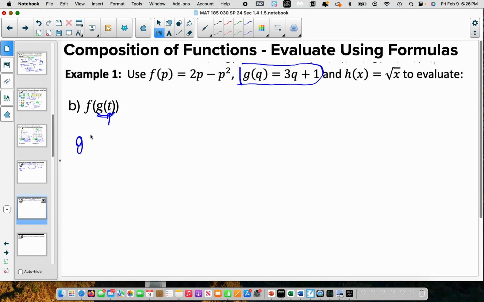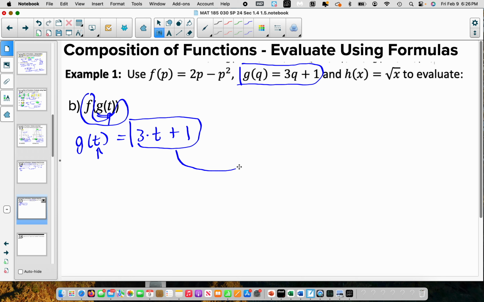So g of t just means I'm inputting t. So that's equal to 3 times t plus 1. Okay. And now this whole expression here becomes my input to my outside function, my f function. So this becomes input f of 3t plus 1.